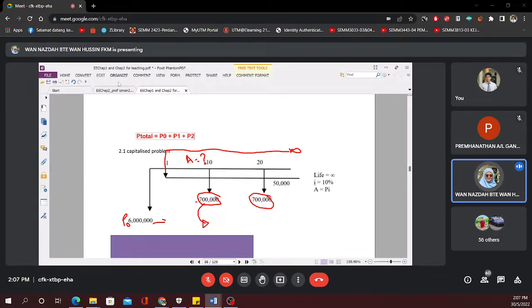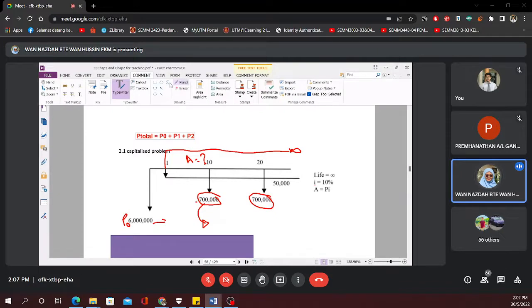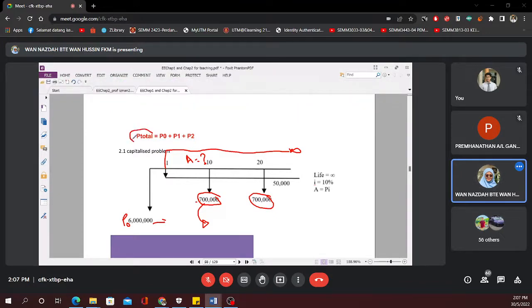Then this P total, you need to convert into this one. So this is your P naught, and you need to determine this P, can I put that as P1? For P1 it is unknown.